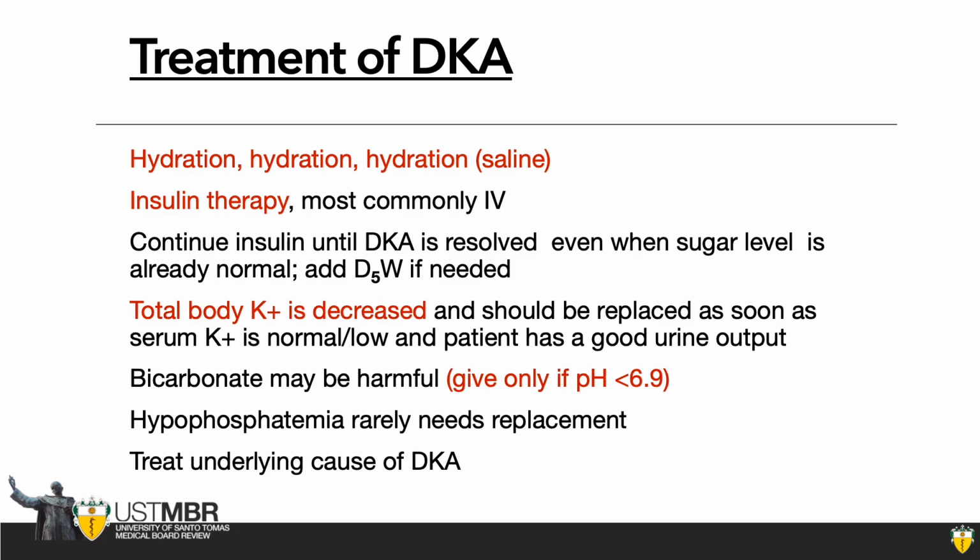Glomerular filtration rate improves, so there's some amount of increased spill of glucose into the urine, causing the glucose to go down. And of course, you have to give insulin therapy, typically an insulin drip. Total body potassium is generally low. Bicarbonate is not given unless the pH is less than 6.9.